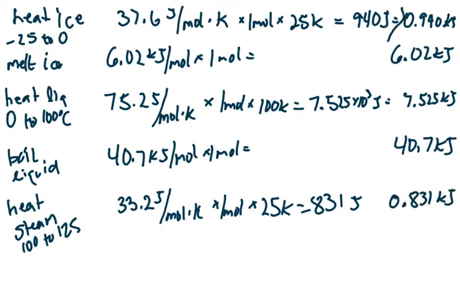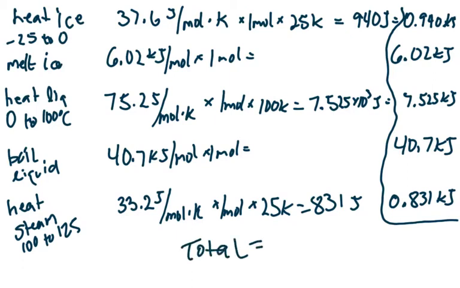And then I can just add up all of my kilojoule numbers to get my total of 56.0 kilojoules of energy to heat water from -25 up to 125, going through 2 phase changes.